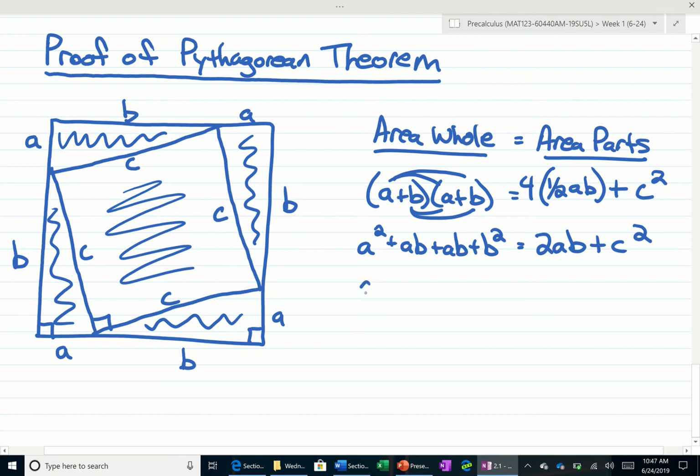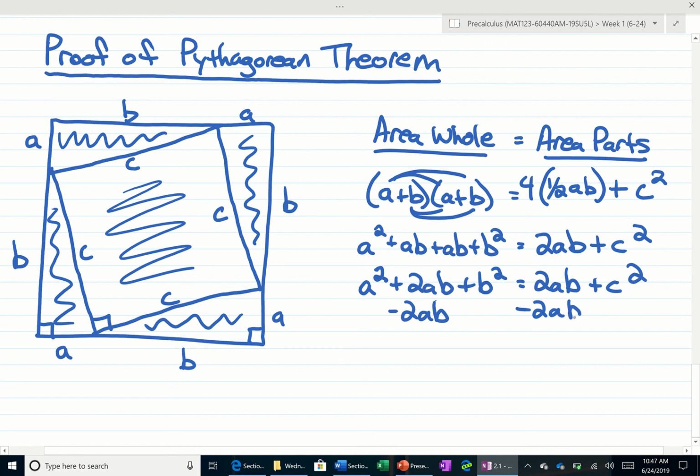So we get A squared plus 2AB plus B squared is equal to 2AB plus C squared. If we subtract 2AB on both sides, we get A squared plus B squared equals C squared.